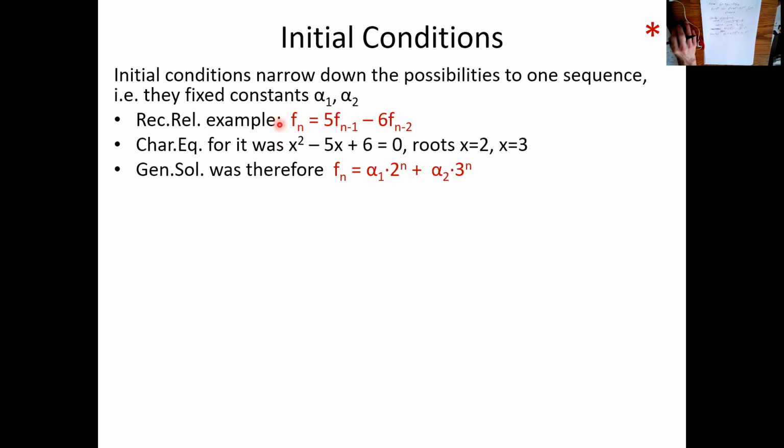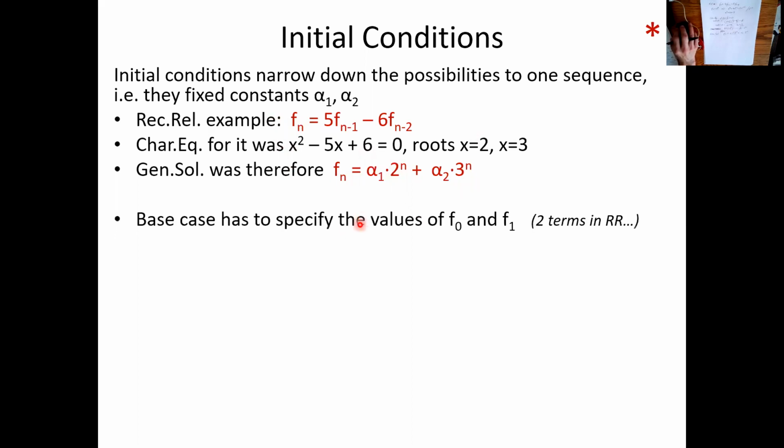So here was our recurrence relation, and therefore this was our general solution. And now the base cases: what are the base cases for this recurrence relation? It's a recurrence relation that specifies the nth element in terms of the previous two, like the Fibonacci sequence is an example of such. So you need two base cases to start this up.